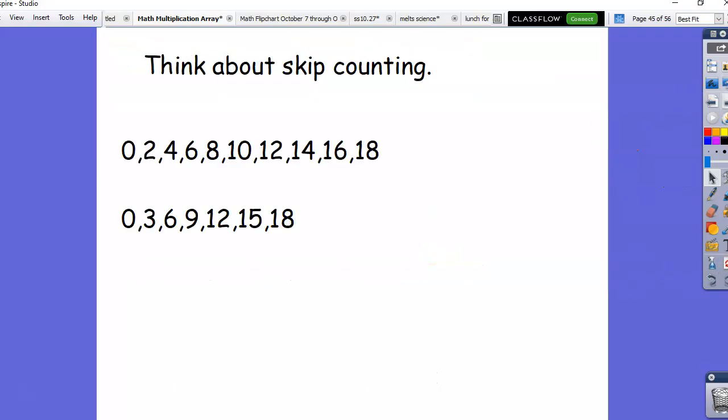What I wanted to show you here is about skip counting, and the way I was talking about skip counting, how it relates to multiplication, is that we're just doing 2s. We're skip counting by 2s. I put the 0 there because we always start, and the first one would be 0 times 2. And then the next one, the first one, would be 2 times 1.